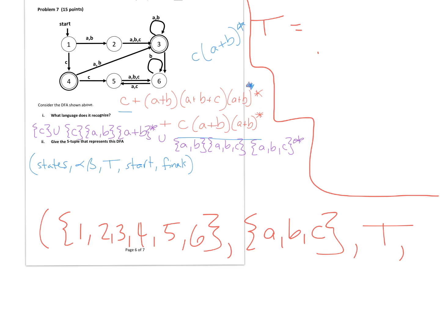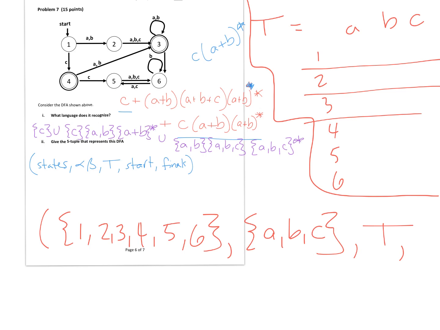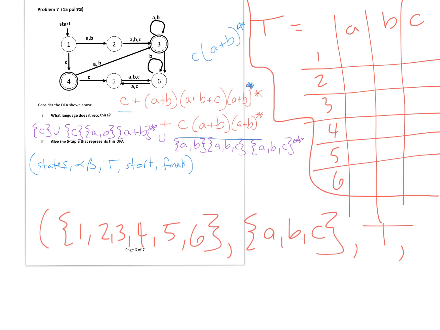We're going to have 1, 2, 3, 4, 5, 6 as my states, and we have the alphabet A, B, and C. If we are at state 1 and we see an A or a B, we go to 2, and if we see a C, we go to 4. So for A and B, we go to 2, and for C, we go to 4.